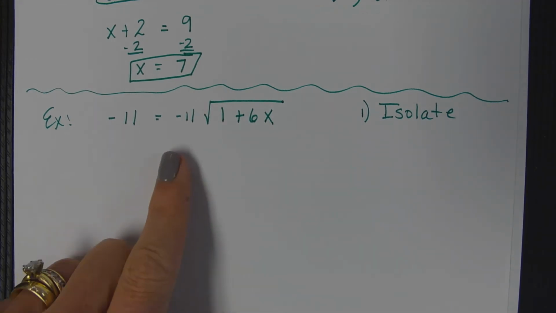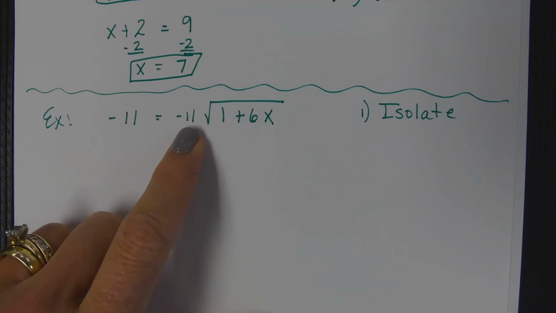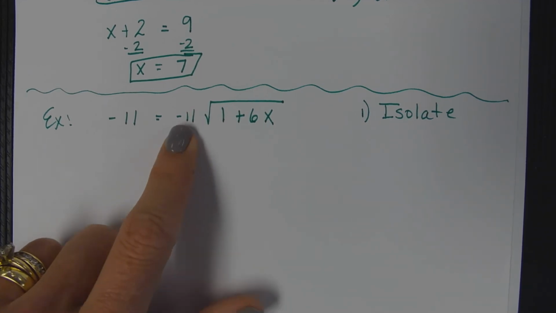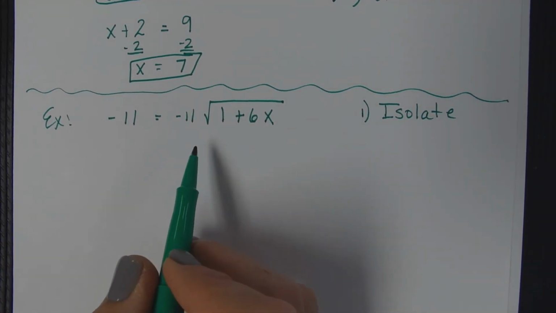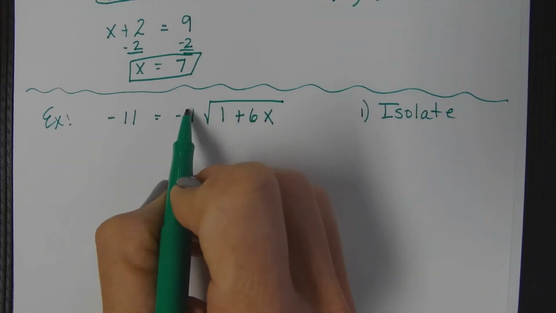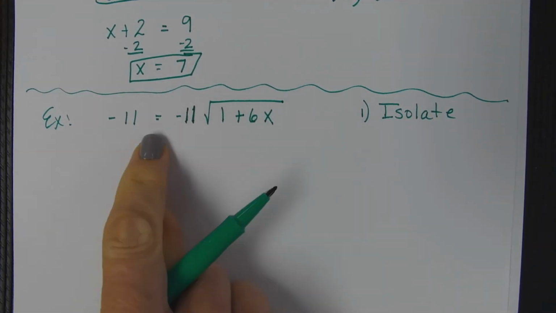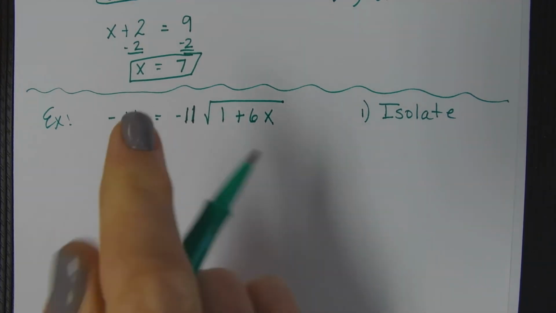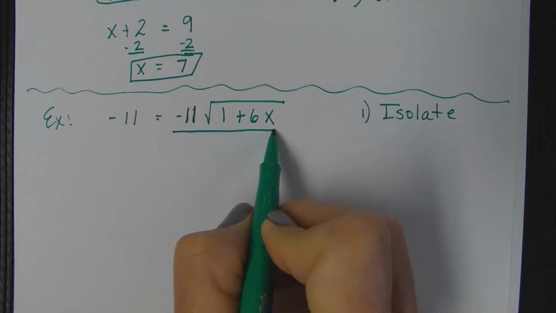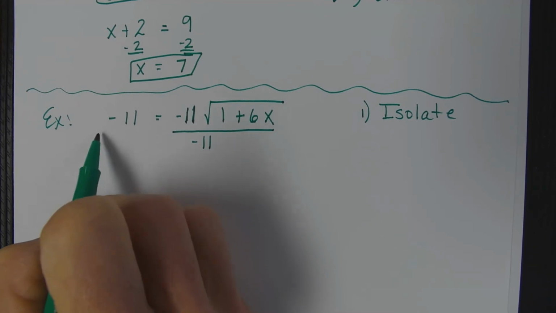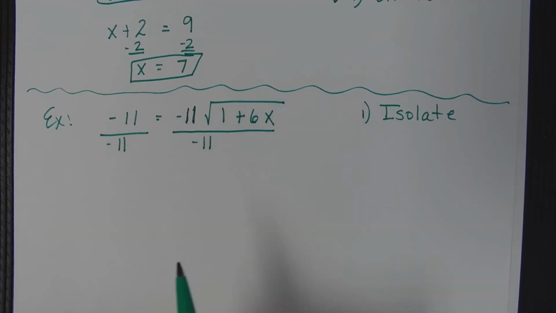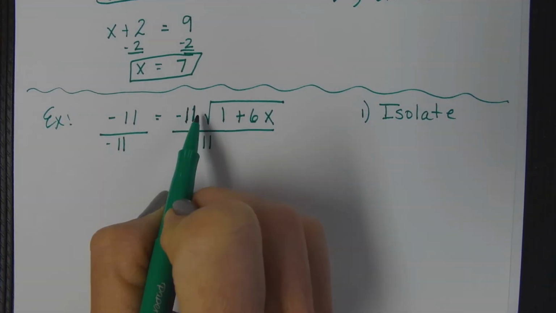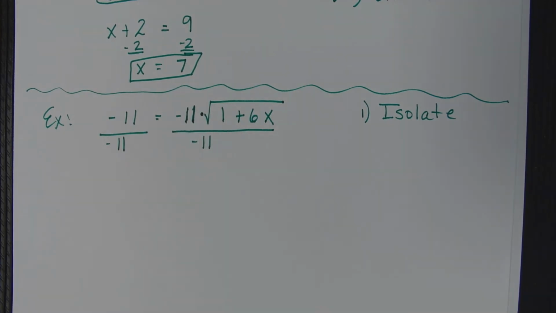What is in my way right now? The negative 11. Well, I need the radical by itself. So what I'm going to do, I'm going to divide by negative 11. Because negative 11, it's right here, you're multiplying.